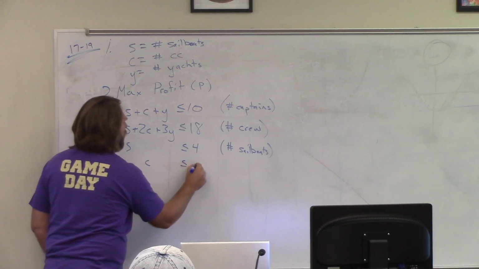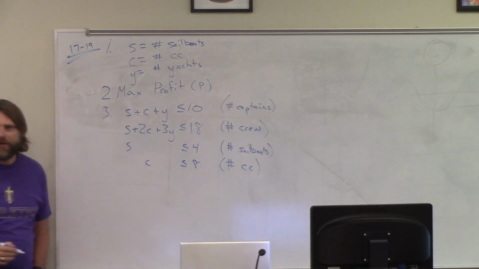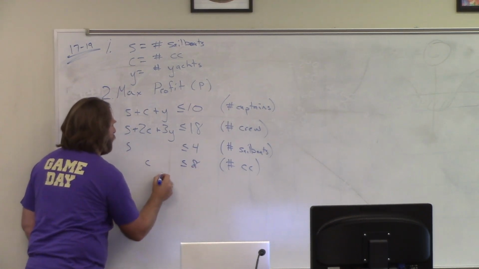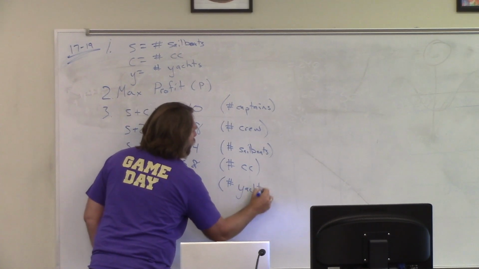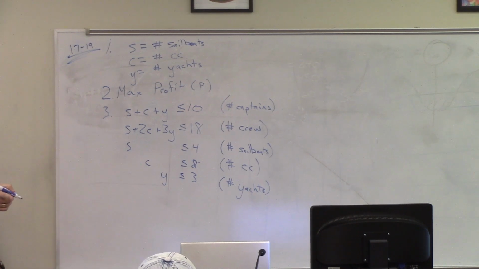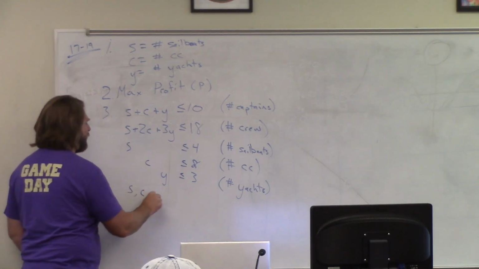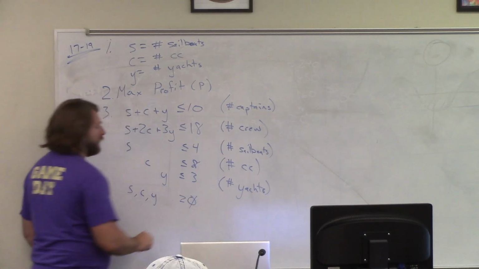Right. And that's very similar, but instead of the sailboats, it's the cabin cruisers, right? And next to them, Y is less than or equal to 3. How about here? Say it louder, Josh. All right. That's the catch-all, right? You always get that for free, right?